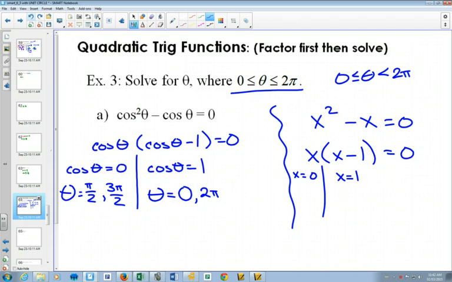That means 0 is included, but 2 pi wouldn't be. And if you had this second domain, you'd have to erase the 2 pi because it's not included. So always look back at your domain at the end for each one. But for all of these questions that we're going to do, it's going to be between 0 and 2 pi.